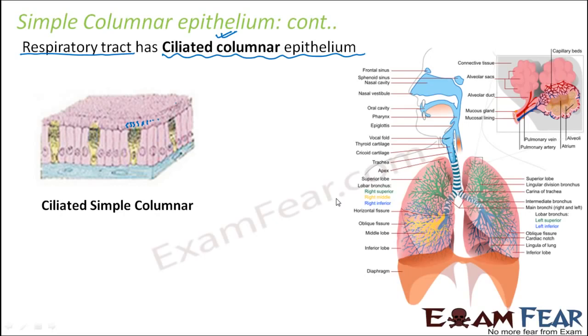This prevents the mucus from running down through the nose and reaching the respiratory tract. So basically the movement of the cilia helps to prevent foreign particles from entering the respiratory tract and causing any damage. So this is ciliated columnar epithelium. This is also a simple epithelium because here also we are talking about only one layer of cells.